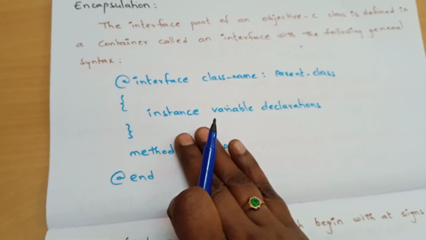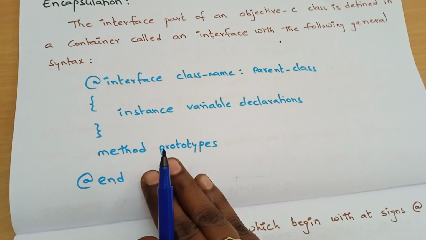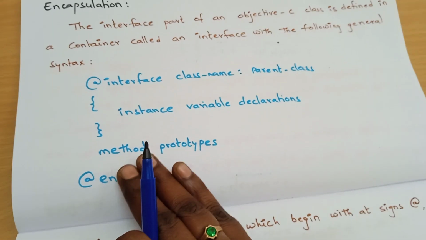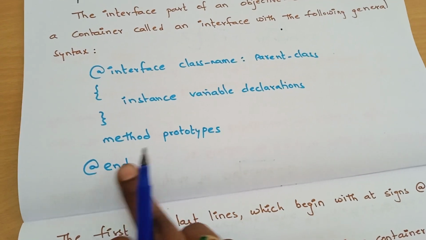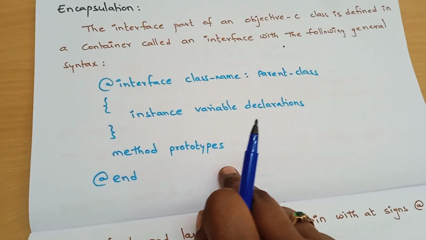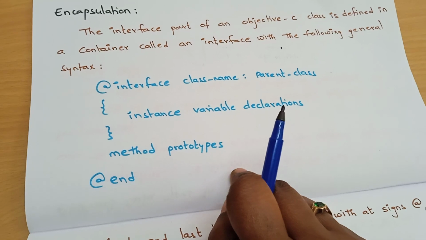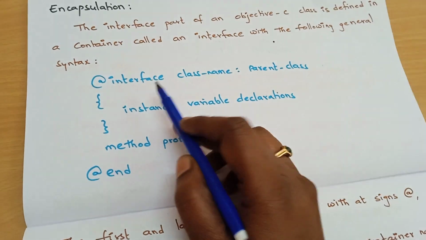Generally we write interfaces for classes. This block is given to create instance variable declarations. If you have any methods, we write method prototypes, and it ends with @end. This is the interface part of an Objective-C class, and it is defined in a container called an interface.